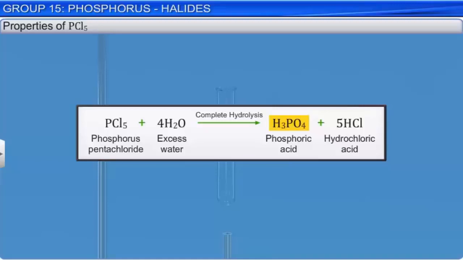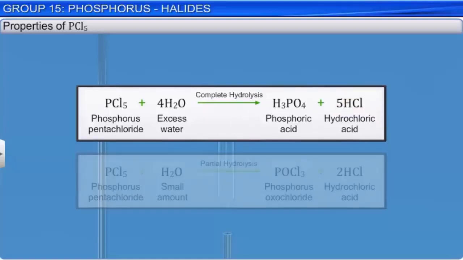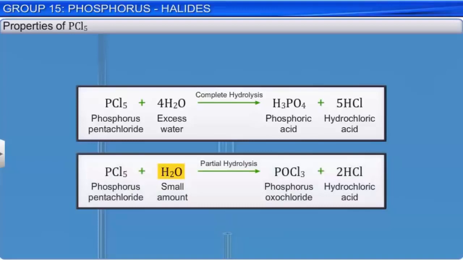Note that it forms phosphoryl chloride or phosphorus oxochloride and hydrochloric acid when equimolar amounts of phosphorus pentachloride and water are used. In other words, when water is taken in small amounts, the products formed are phosphorus oxochloride and hydrochloric acid.